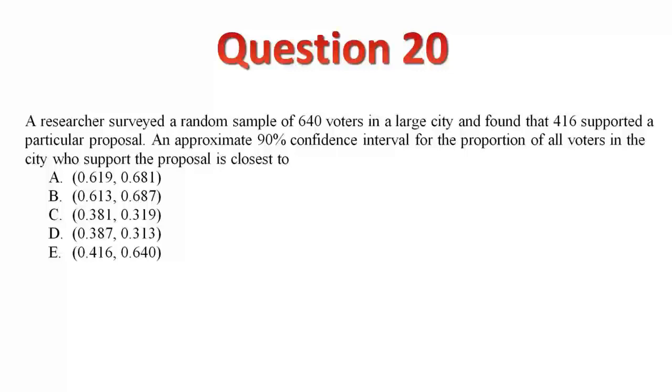So a researcher surveyed a sample of 640 voters in a large city and found that 416 supported a particular proposal. An approximate 90% confidence interval for the proportion of all voters in the city who support the proposal is closest to. So, same concept as the Northern Hemisphere question, obviously different answers in different contexts.